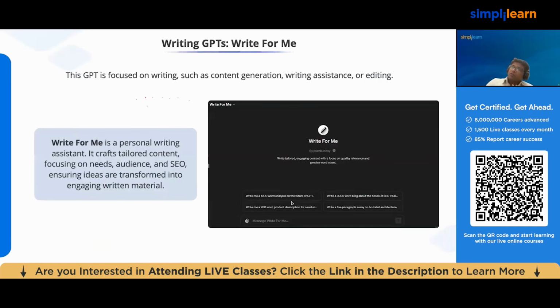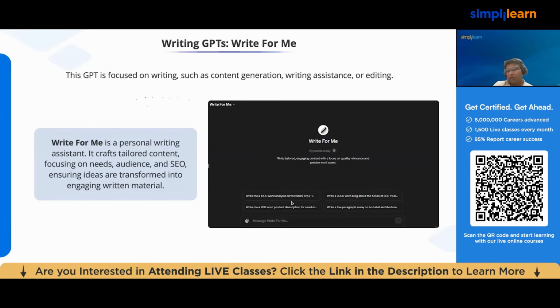Okay, so now we stopped here in yesterday's session. Now we'll be focusing on writing, such as content generation, writing assistant, or editing. Write for me is also a very good tool of ChatGPT, which gives you a personal writing assistant.